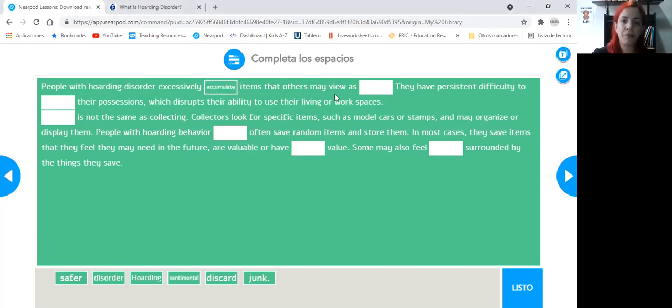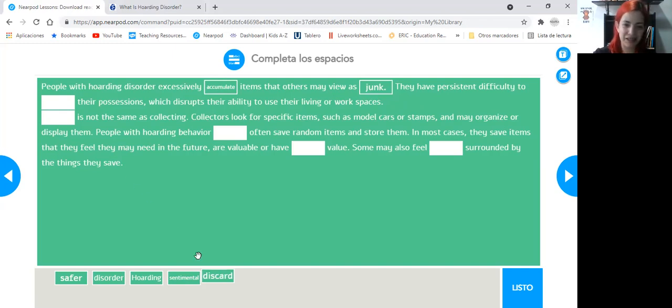Items that others may view as, look here, also other cues are capital letters. What goes before a capital letter if you have a phrase, if you have a paragraph? That's correct. You have a period. As junk. They have persistent difficulty to their possessions.